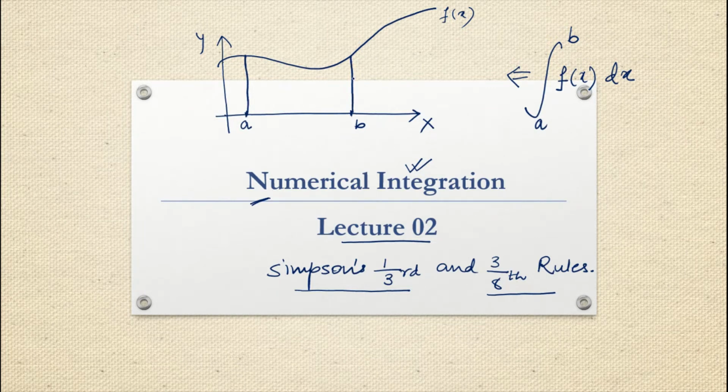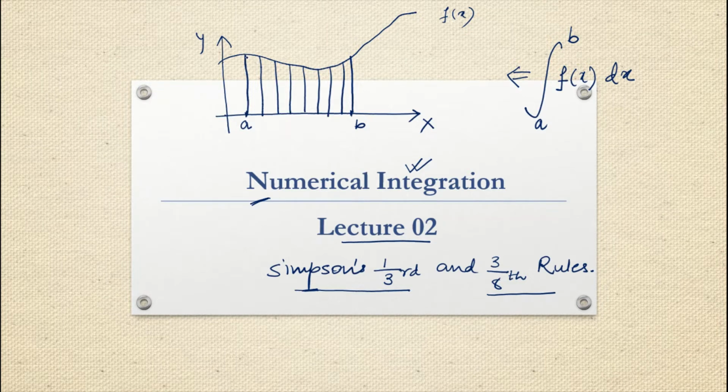We said that I'm going to divide this big interval into small sub intervals. Right now we are focusing only on Simpson's method. In Simpson's method, we find the area of these small intervals using trapezoids, which are not exactly trapezoids.